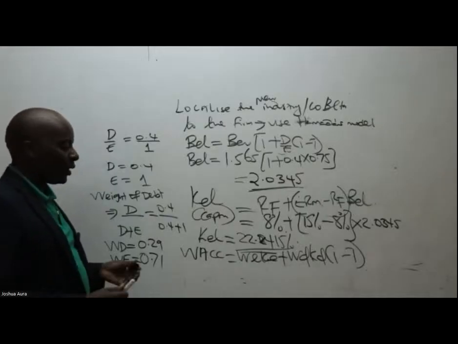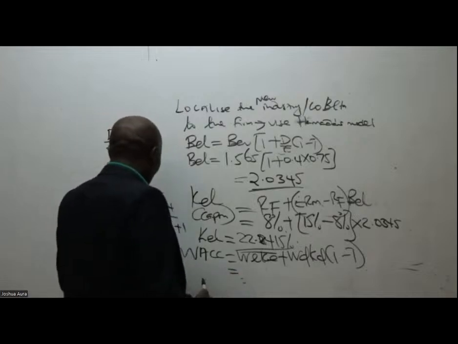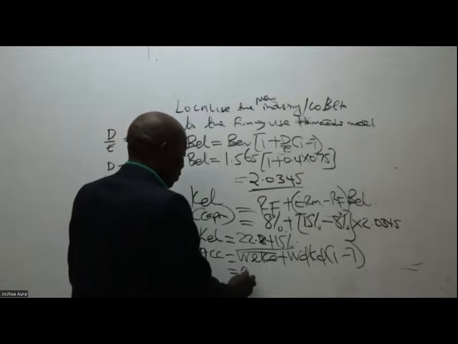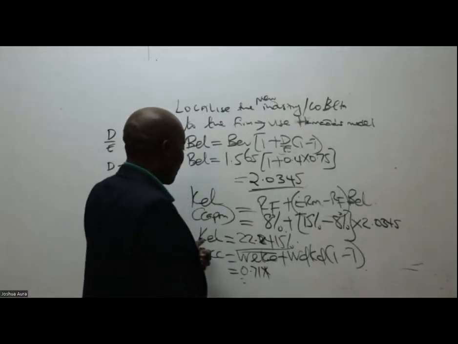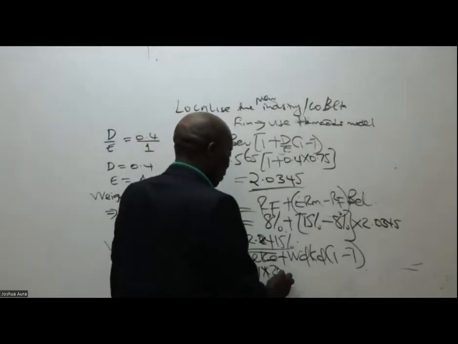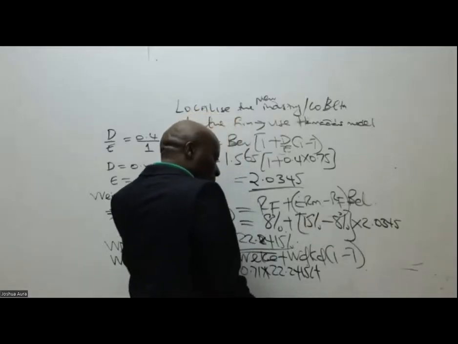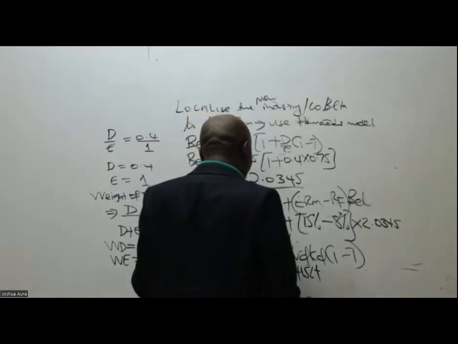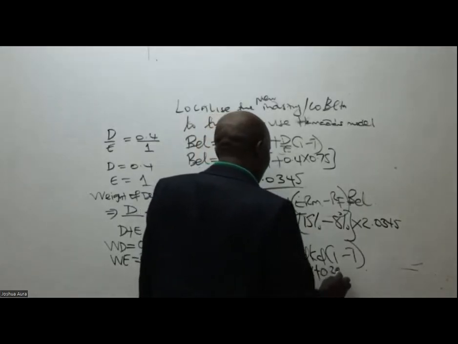So now we have everything to plug in here. Our WACC will be equal to weight of equity, which is 0.71, times cost of equity, which you had given me, 22.2415%, plus weight of debt, which is 0.29, times cost of debt.